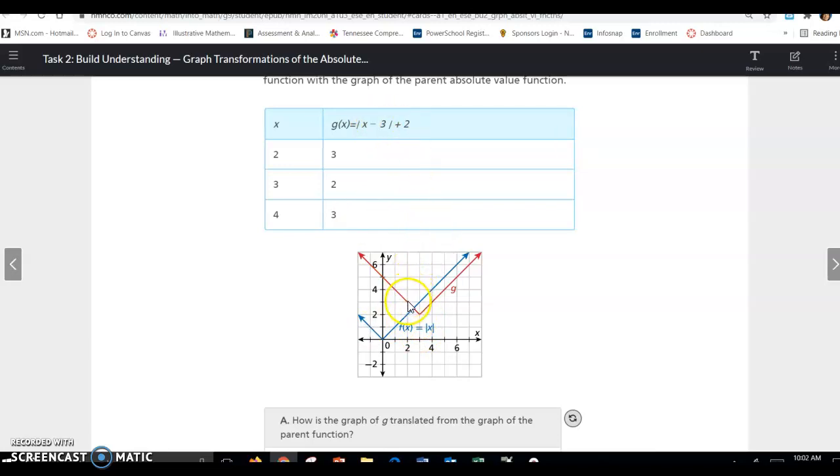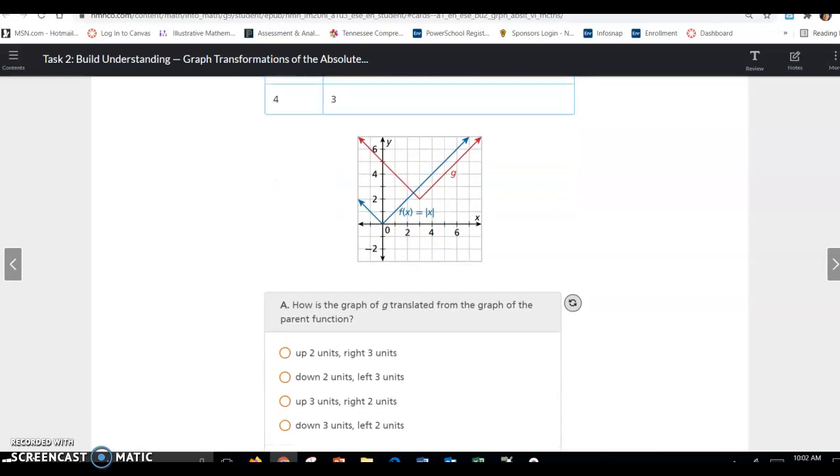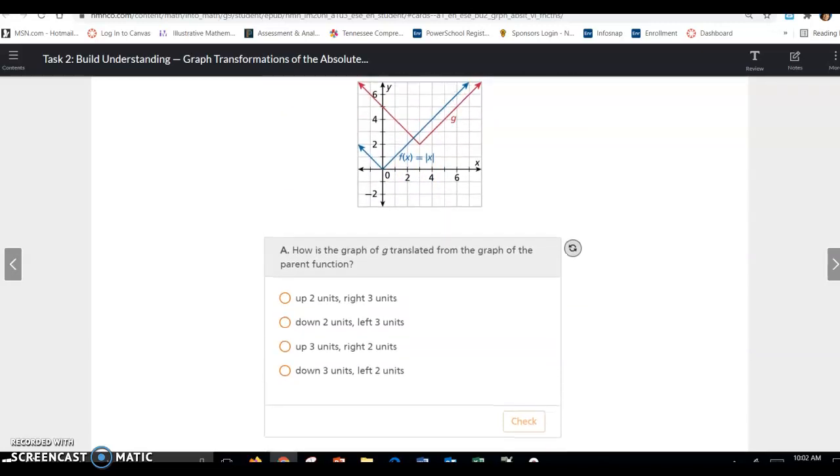It still has a negative slope on the left and a positive slope on the right. Now you can see the axis of symmetry would be x equals 3, and everything looks the same except this graph has been shifted to the right and up. How is the graph of g translated from the graph of the parent function? We just said it's moved to the right 3 units and up 2.